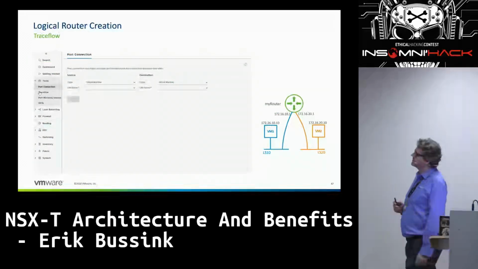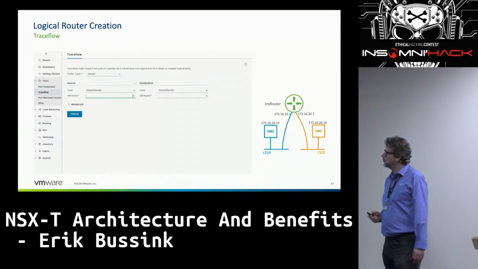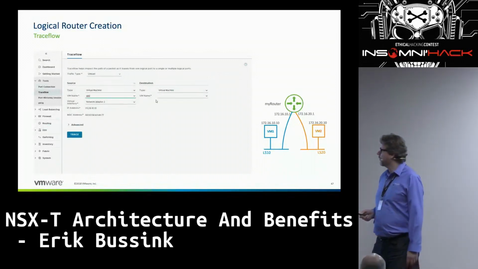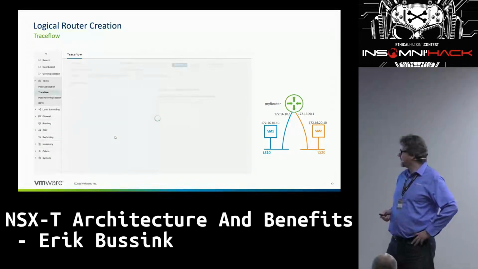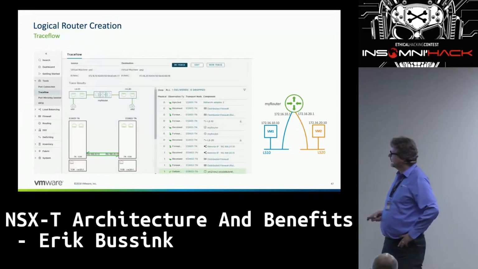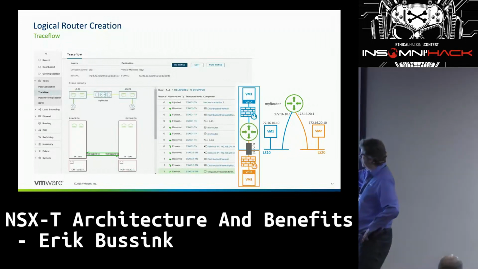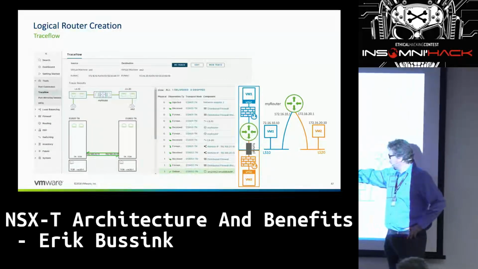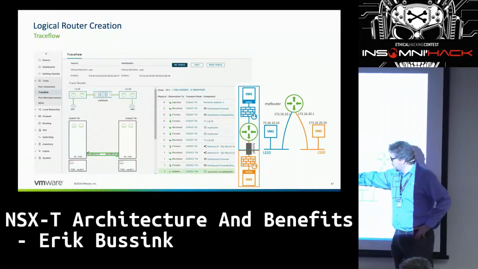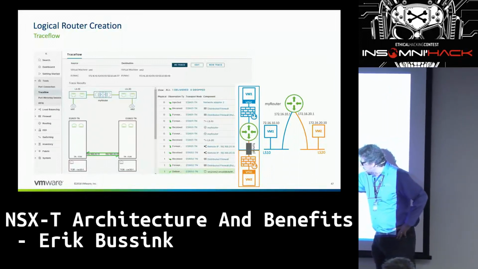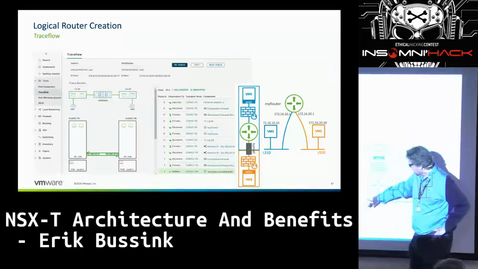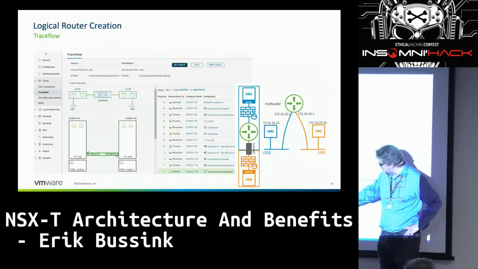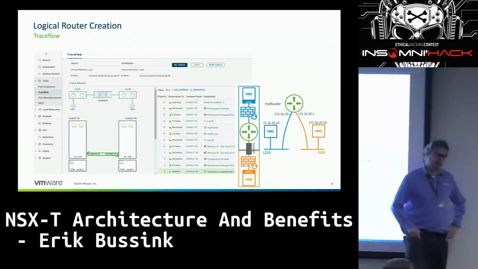Where it gets really interesting now is if I go and do a trace route or a trace flow of this traffic, it will document for me all the paths from VM1 to VM2. So we see clearly that the traffic is coming out of the VM1, goes through a distributed firewall, is now on the logical switch 10, hits the router, is routed to logical switch 20, is still on ESX1 here, and now it enters the tunnel, comes back to the outside, and is being distributed.